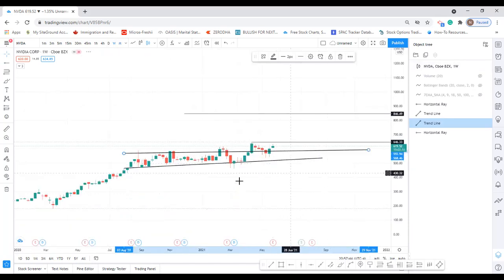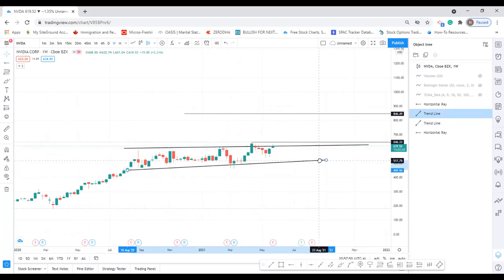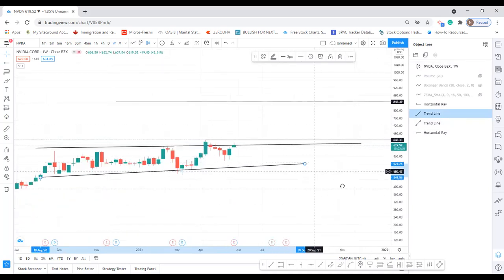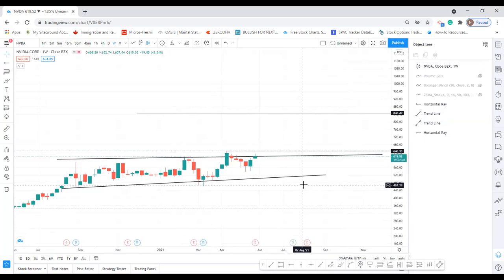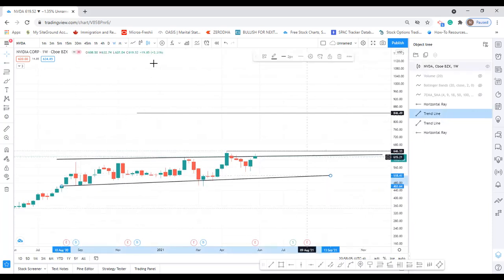Because if you see it, this is a good pattern. It has to break this one. On a weekly, you need a closing above 635. Remember, guys, because otherwise it will still be termed a distribution phase. You never know, these guys are going to offload the stocks.